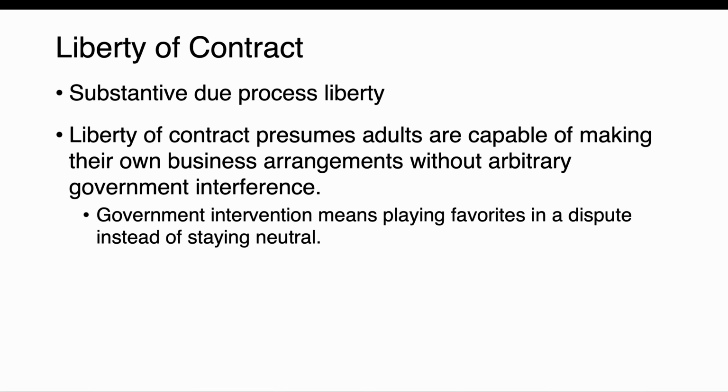This is a particular kind of liberty that was read into the Constitution through the doctrine of substantive due process. It's the idea that if you're a grown adult, you're capable of making your own business decisions without any government interference.